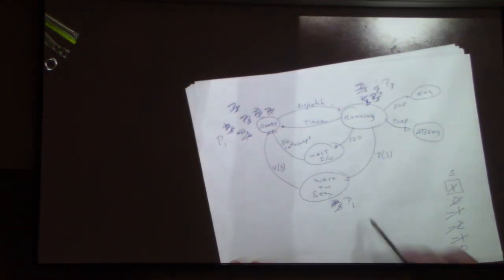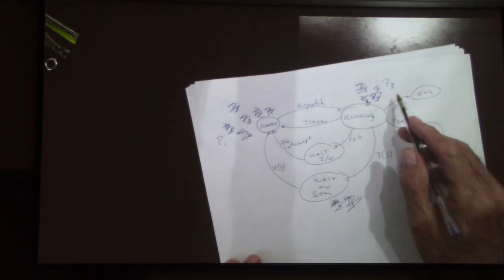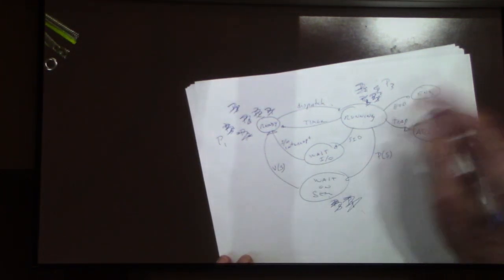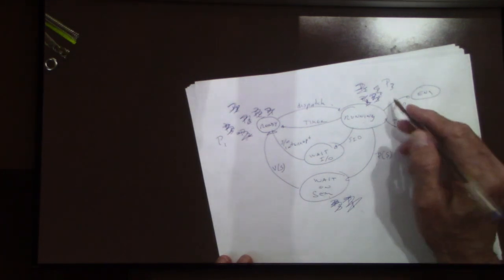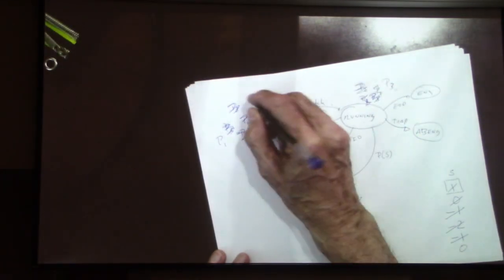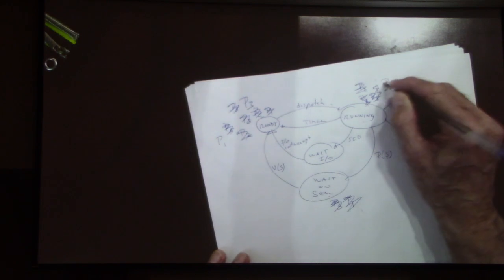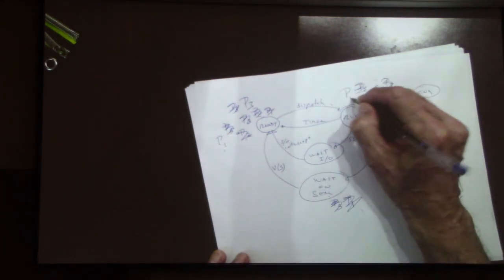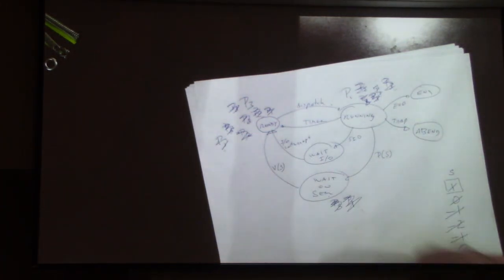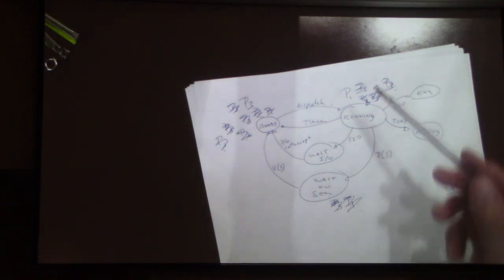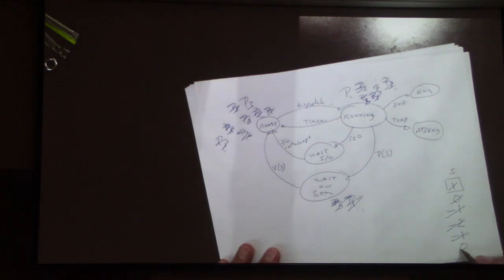P1 goes back here, so P3 is running. When it's out of the critical section, if there is a timer interrupt, we can send P3 here. P1 gets the CPU and enters the critical section. When P1 applies the V operation, this value goes to 1.